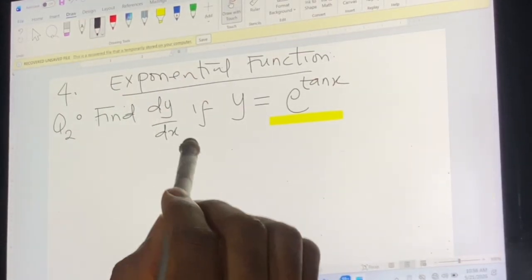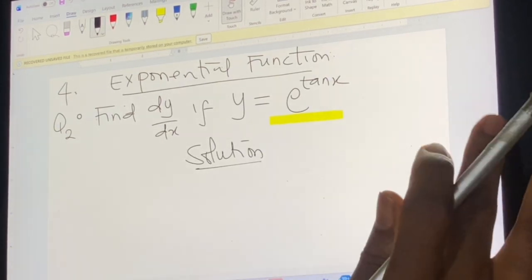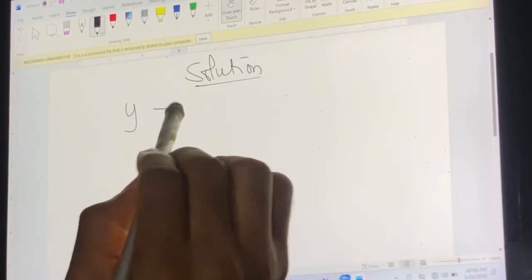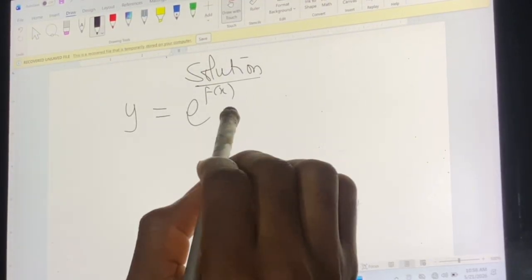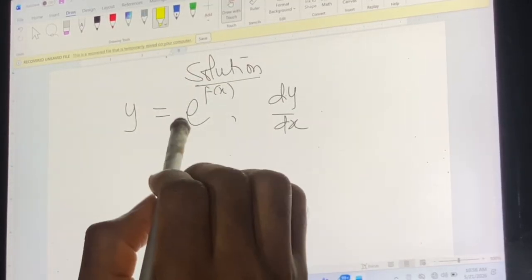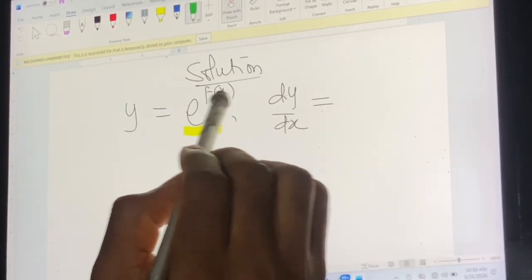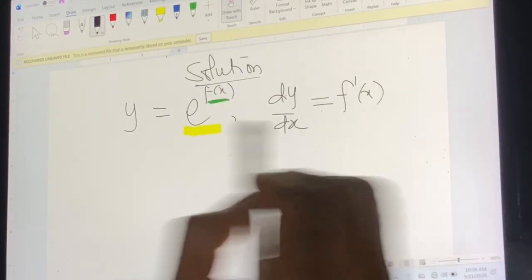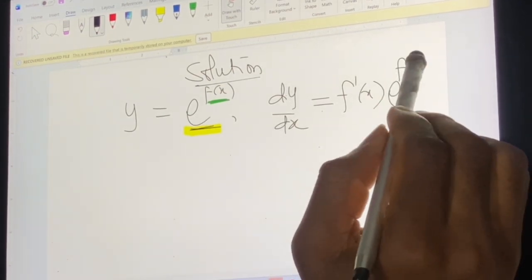If I have an exponential function, y is equal to exponential f of x, the dy/dx of this, that is, finding the derivative of this function, will be equal to: differentiate what is at the top, and this will be f prime of x. Then repeat the equation, which is exponential f of x.